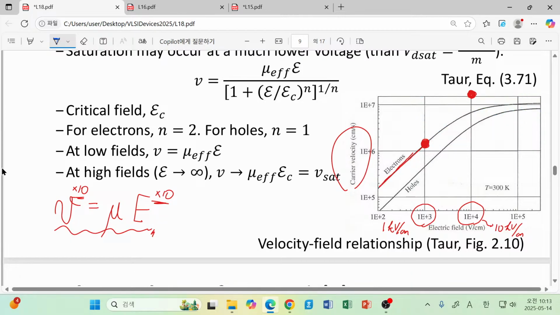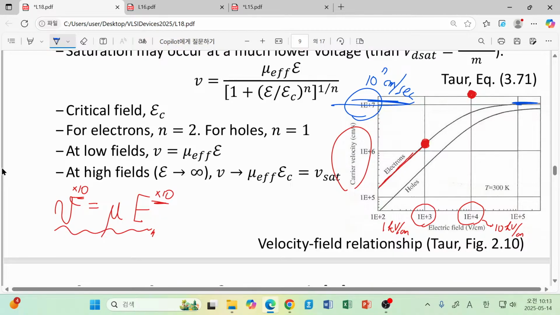This corresponds to our silicon material, and this value is typically given as 10 to the 7 centimeter per second. Of course, this value is not universal.